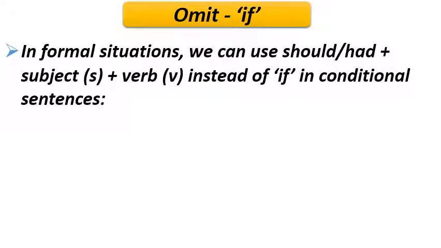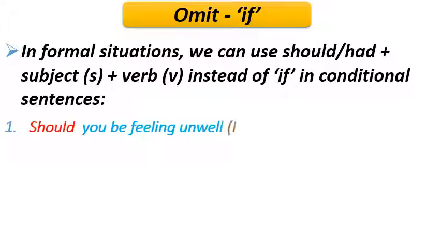So if I have a sentence and I don't want to use the word if to express condition, in what other ways can I show that the sentence is showing condition? I can simply replace the conjunction if with words like should, had, etc. So let us see a few examples to clarify it.